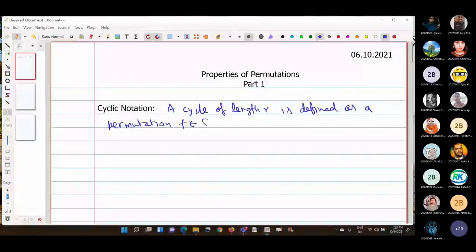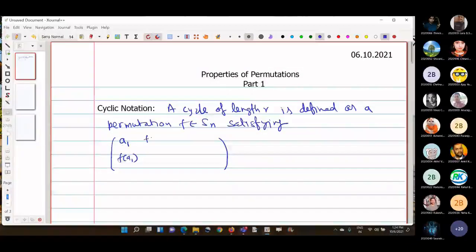f belongs to Sn, where Sn is the permutation group defined on n symbols, 1, 2, 3 up to n. Okay, satisfying the following. We can write it in terms of a permutation like this. Suppose we are starting here with a1, then the next thing here will be f of a1.